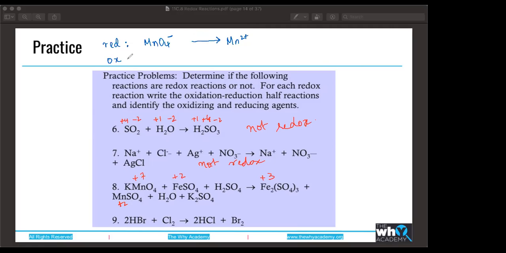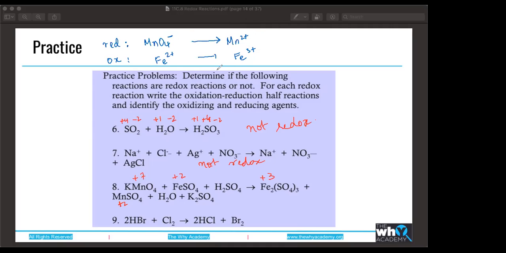And oxidation: Fe2 plus becomes Fe3 plus. Do we need to write the electrons? I think in school we did write that electrons are added because it's half reactions. Yes, to balance it out you might have to write it. Plus 5 electrons, and minus 1 electron.